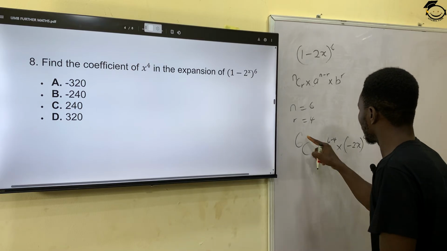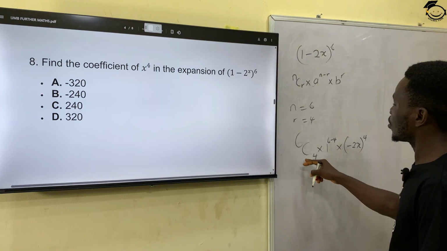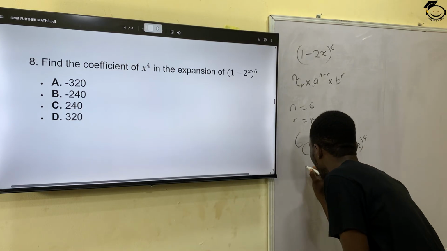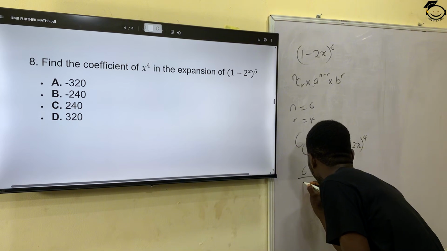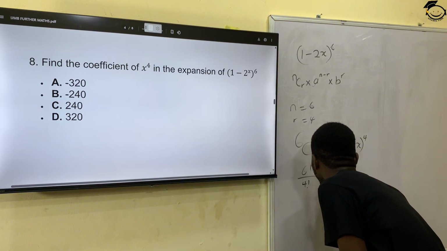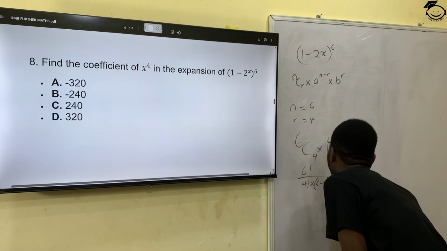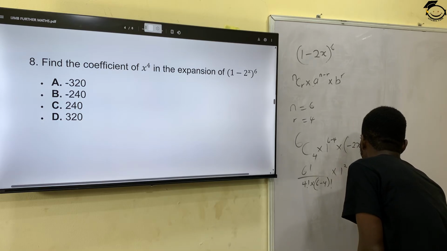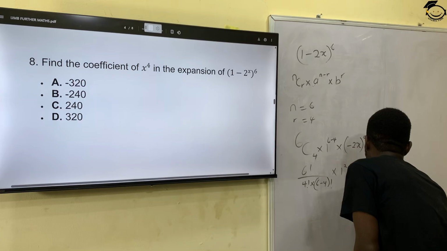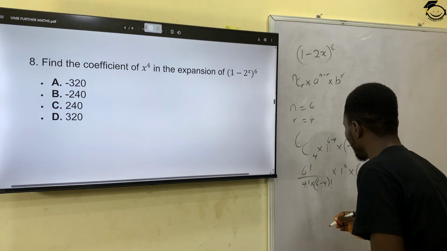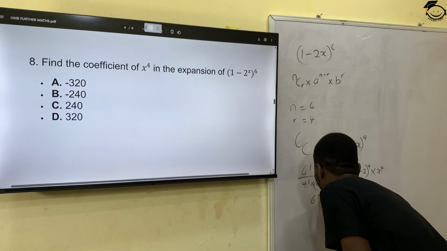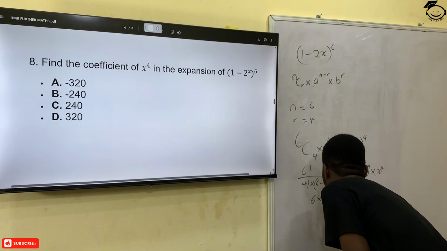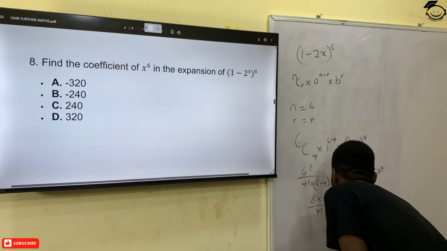So this will give me my 6 combination 4, which is similar as saying I have 6 factorial all over 4 factorial times 6 minus 4 factorial. This is times 1 raised to power 2 times minus 2 raised to power 4 times x raised to power 4. So this will give me 6 times 5 times 4 factorial all over 4 factorial times 2 factorial.